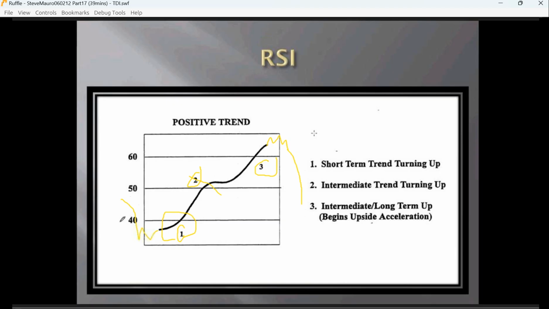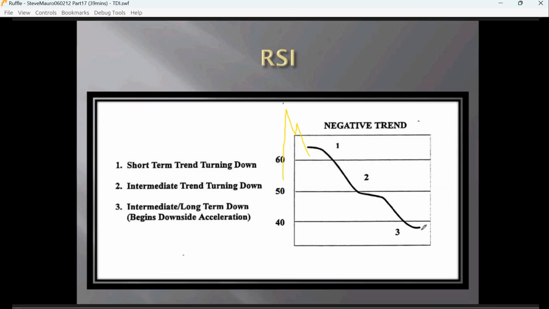So from a downtrend to an uptrend, he's going to come from the bottom side, cross over, shift momentum in the market, get to level 3, extreme, and then we're looking for the reversal. The exact opposite is true of a downtrend. You will actually see these formations inside the indicator.